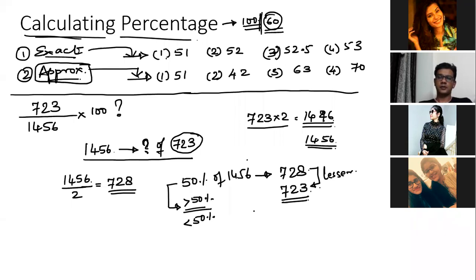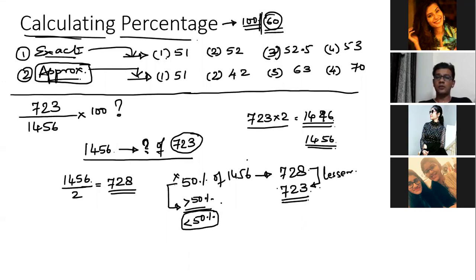The answer that you're searching for, will it be less than 50% or more than? Less than? Absolutely, because you require an answer which is 723 and which is less than 728. So you also require an answer which is not 50% but less than 50%.